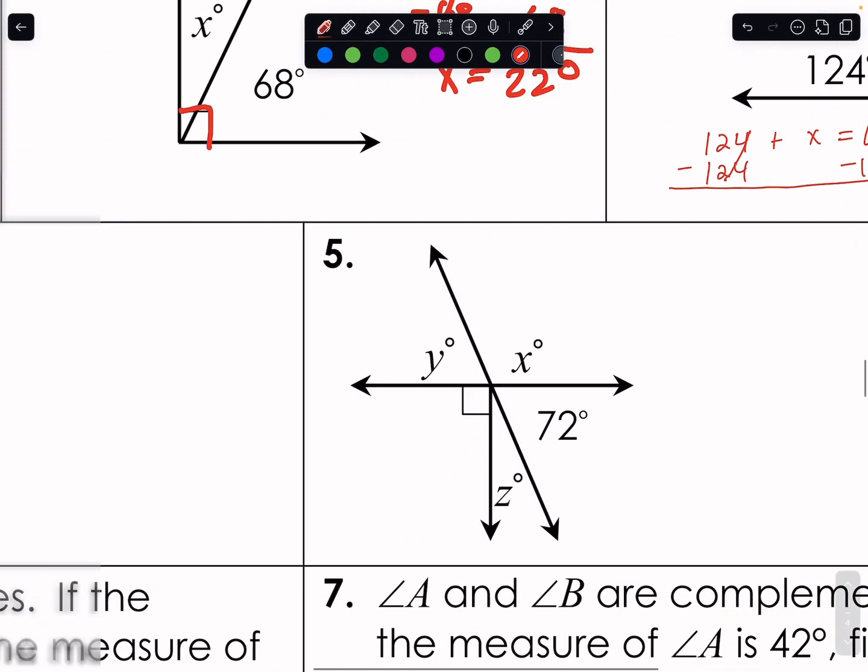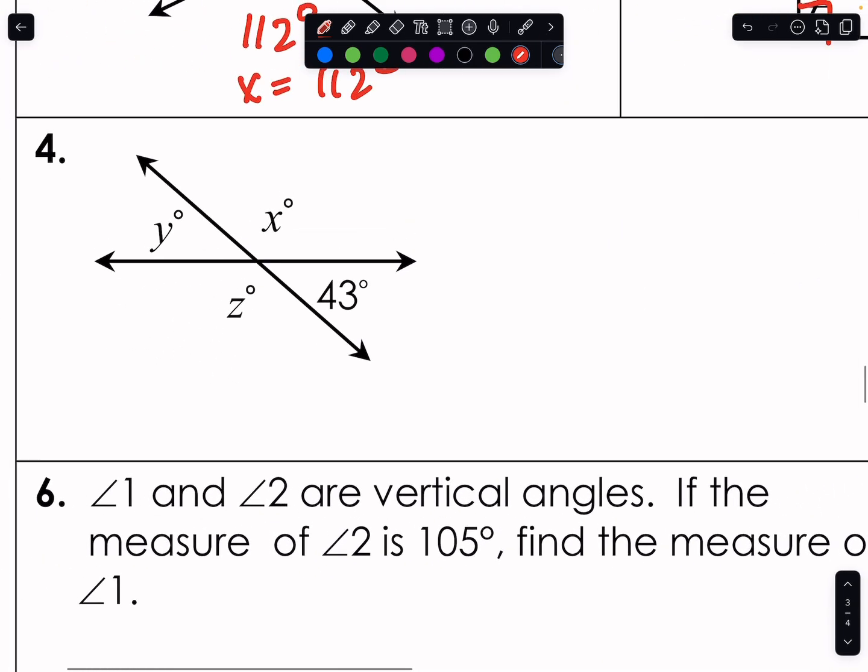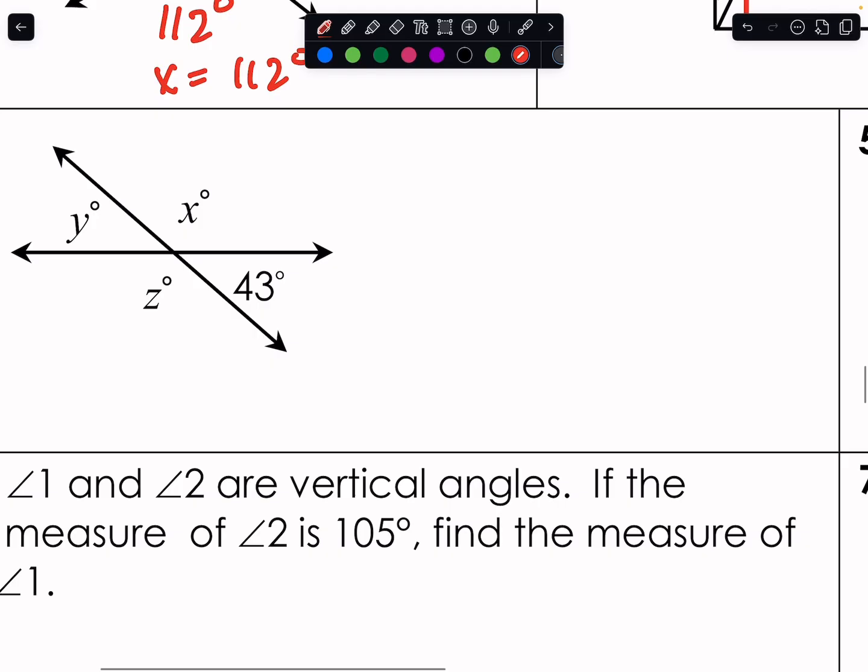Okay, let's get into some more challenging ones. Ooh, we got a whole bunch of stuff. All right, so first things first. Let's do the easy ones. So we got to eventually figure out what x is. And because 43 and x are a linear pair, that means x plus 43 is going to be equal to 180.